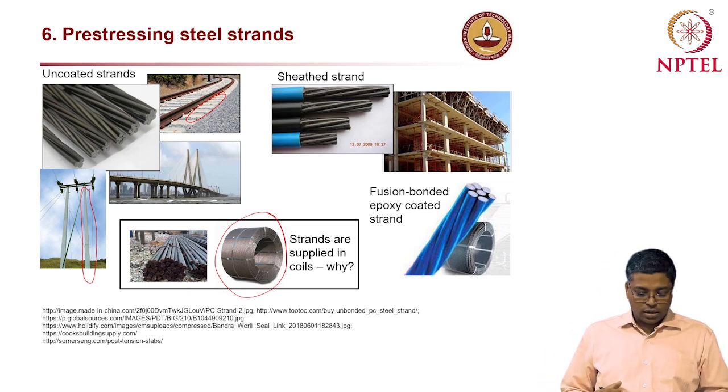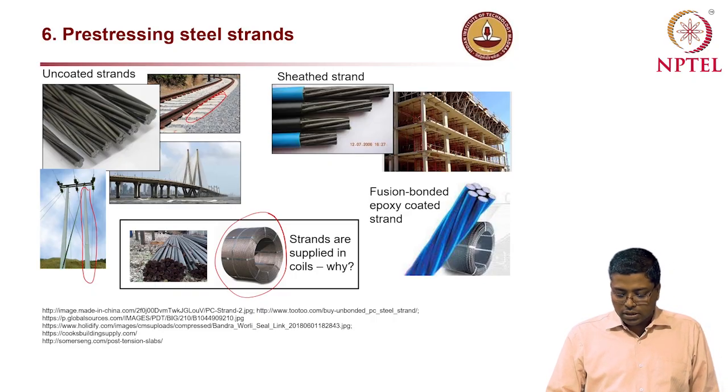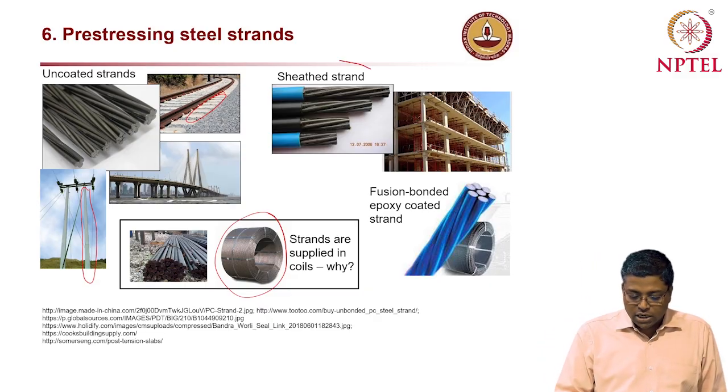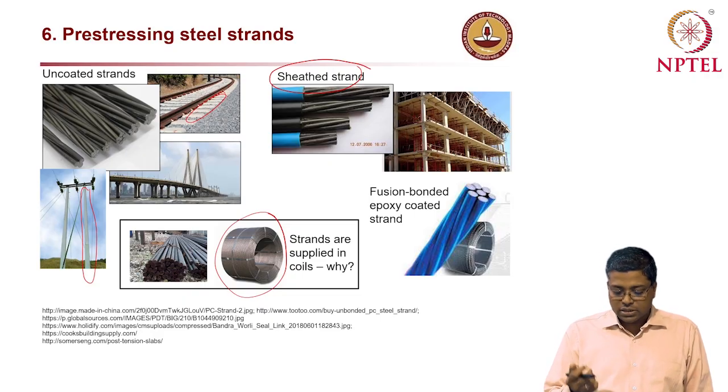Small rebars of 10 meters long are not enough, so it comes in coil. Also, nowadays we use this type of strands in high-rise buildings, where uncoated strands are used, but there are also products which are sheathed strands. For mono strand, this comes in single units.